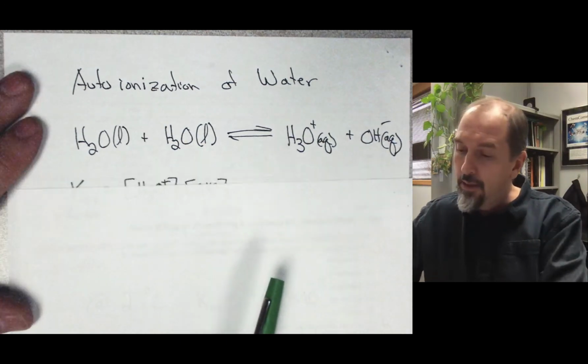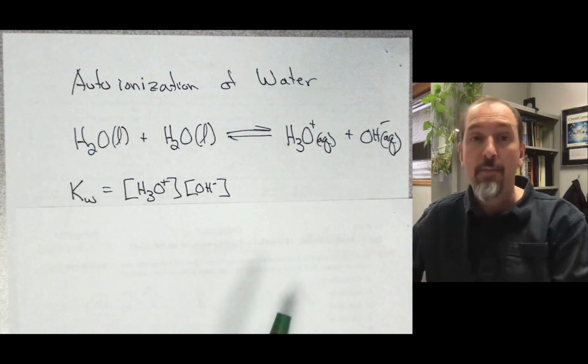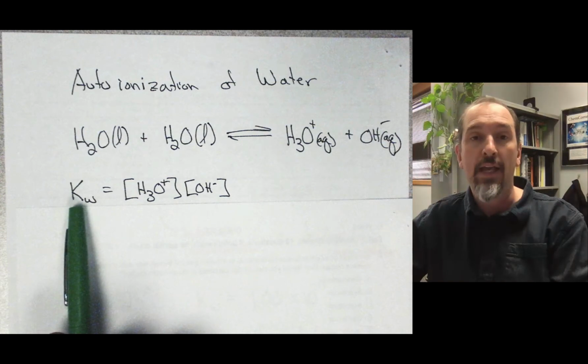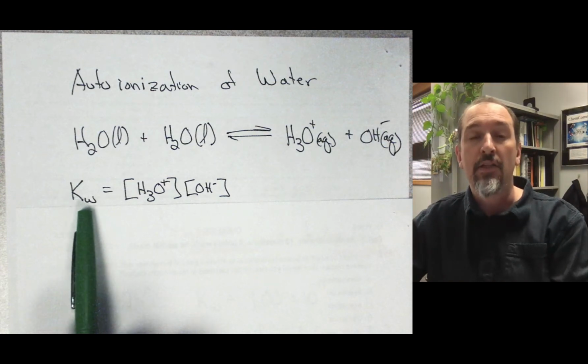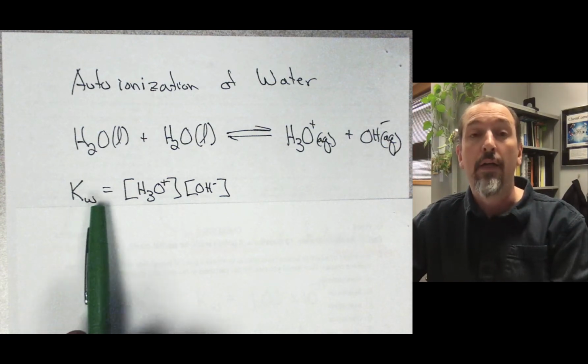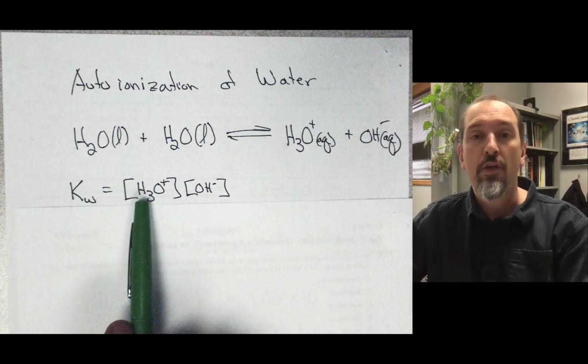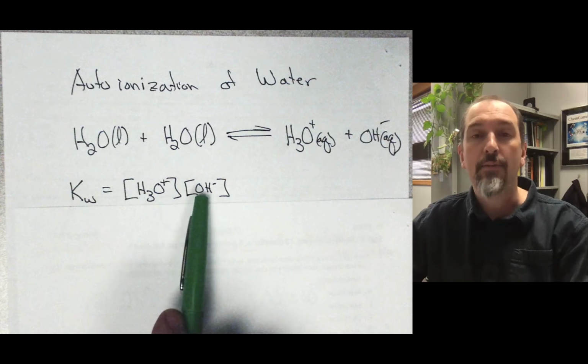And it's been studied, and we find this mathematical expression that says there's a certain constant, this capital K with the W means that it's the autoionization of water. This constant is always equal to the hydronium ion concentration times the hydroxide ion concentration.